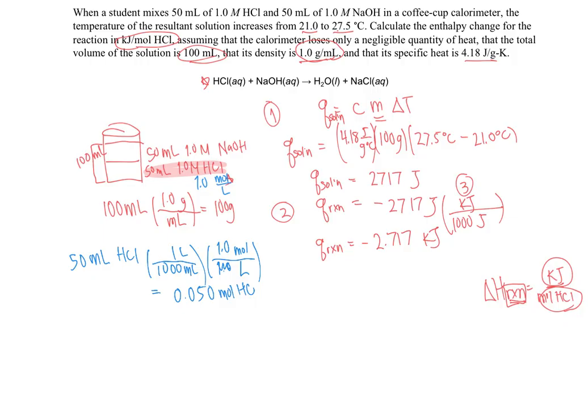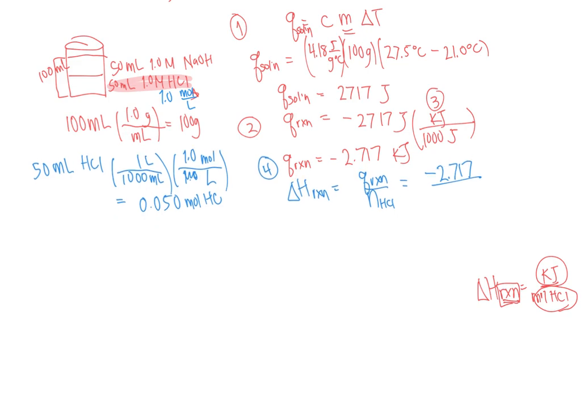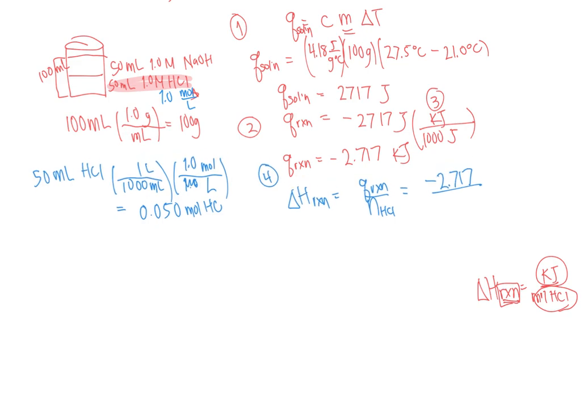So now we're going to bring that down here. For step 4, we're going to use the fact that enthalpy of reaction is equal to heat of the reaction divided by moles, in this case, moles of HCl. So we'll do negative 2.717 kilojoules divided by 0.050 moles of HCl.